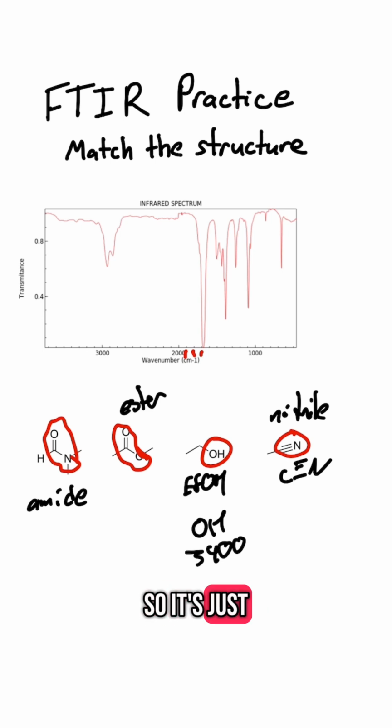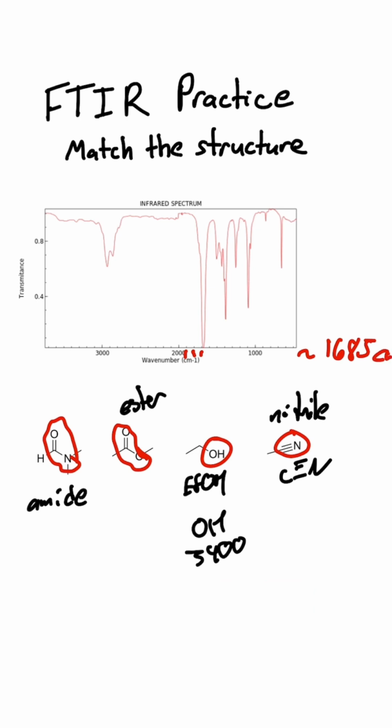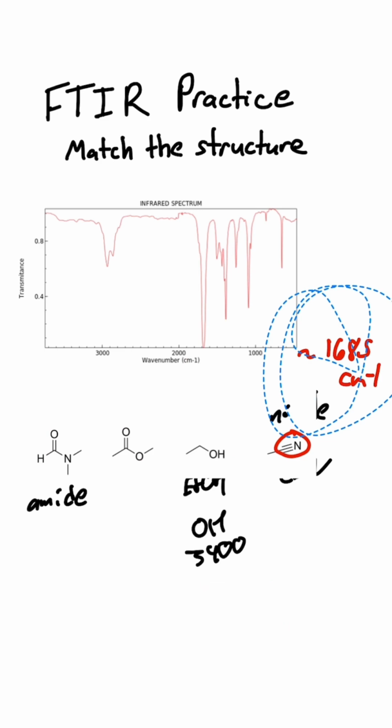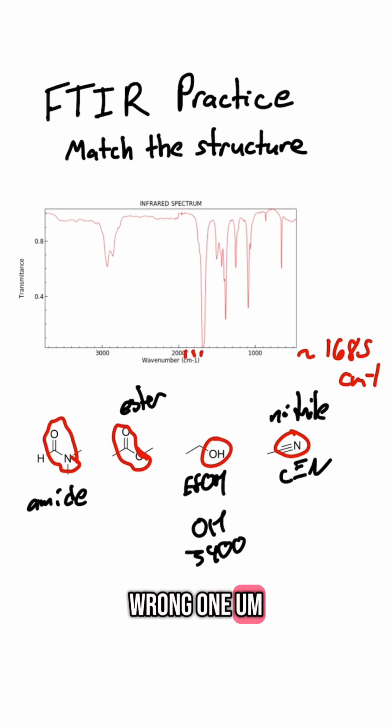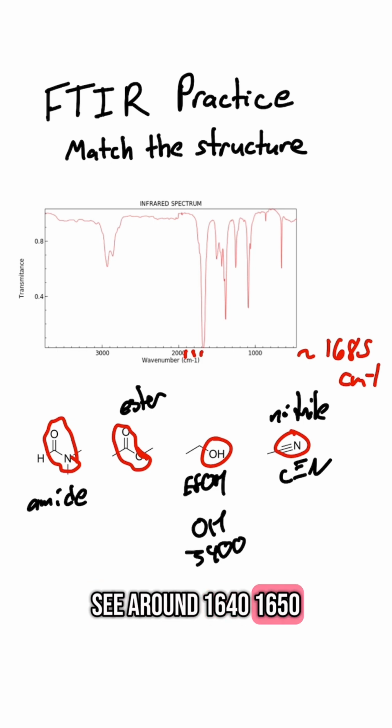So it's just shy of 1700, but more than halfway, let's say 1685 roughly, inverse centimeters. That is super indicative of an amide. It's a little higher than normal for an amide. That's probably because it's a formamide. Amides, generally, you'll see them around 1640, 1650.